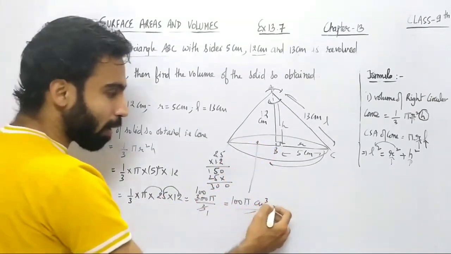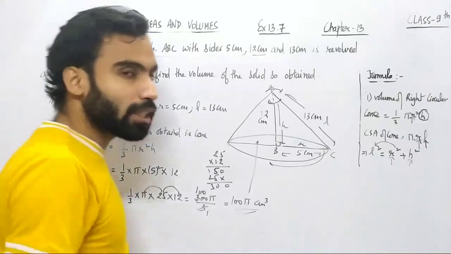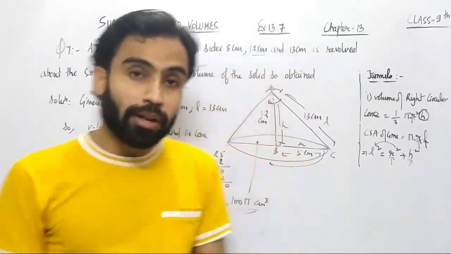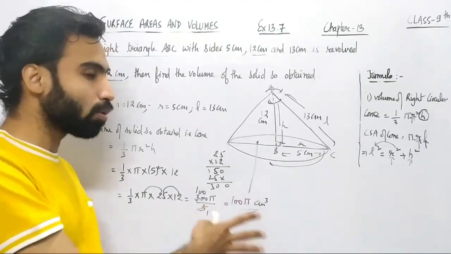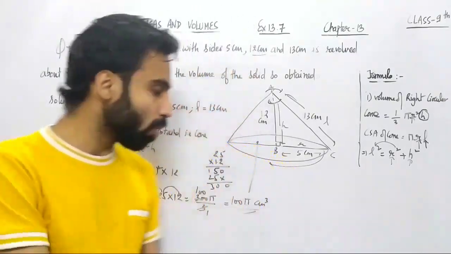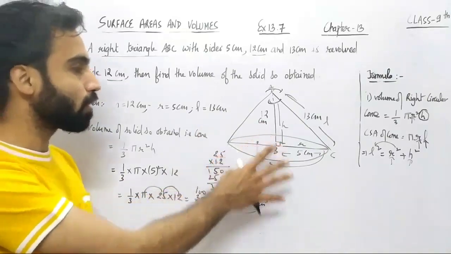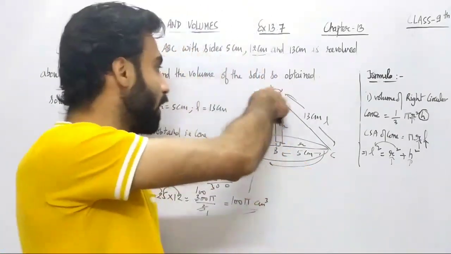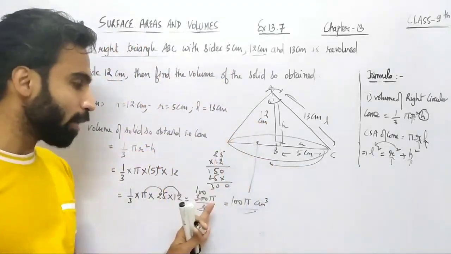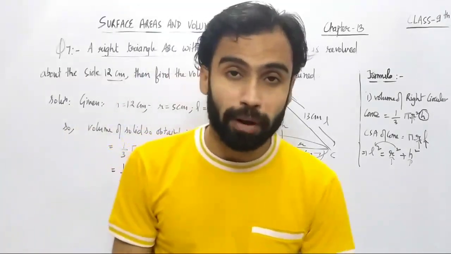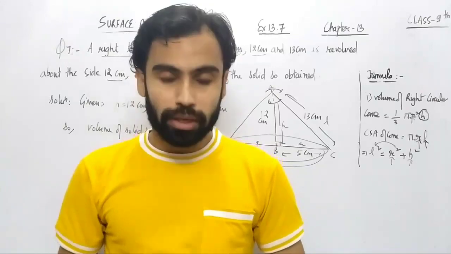And if you want, you can put in the value of pi and further calculate it in decimal, that is up to you, right. But if you just want to keep the answer up to here, that is also okay, right. So this is the volume of this solid obtained by rotating a right angled triangle, right. So the cone figure is obtained whose volume is 100 pi, right. So that was all in this question here.